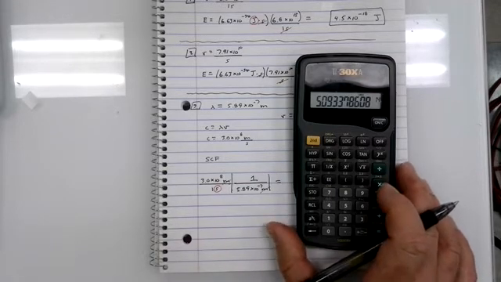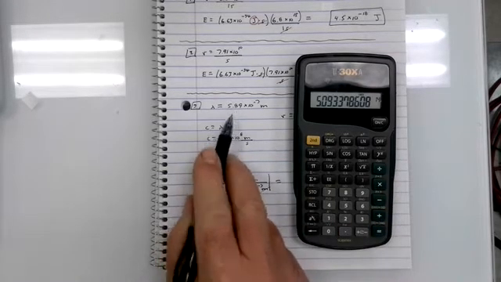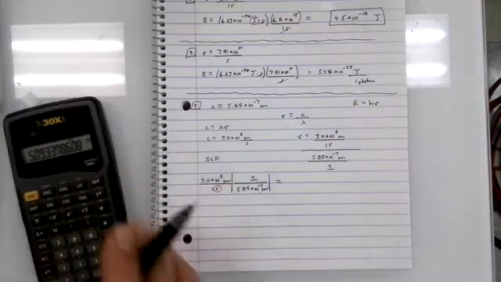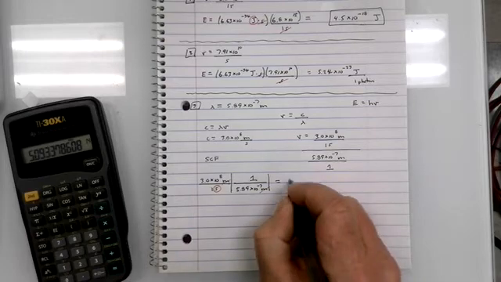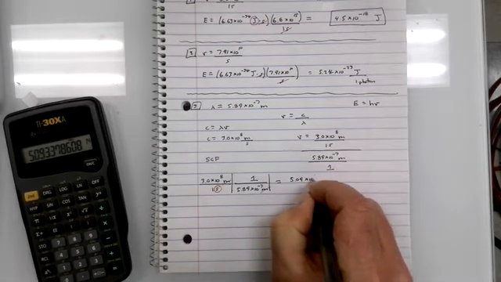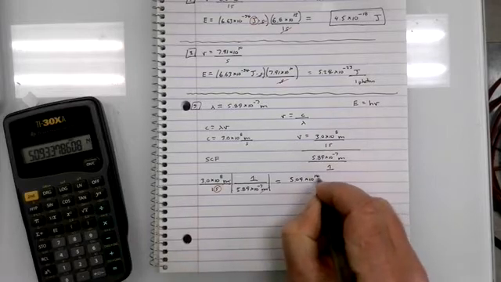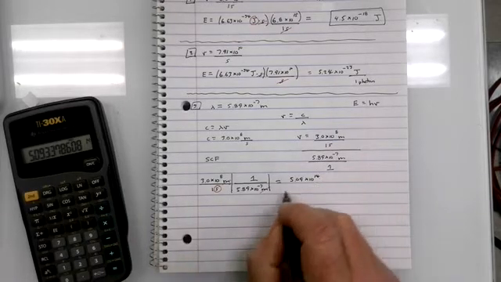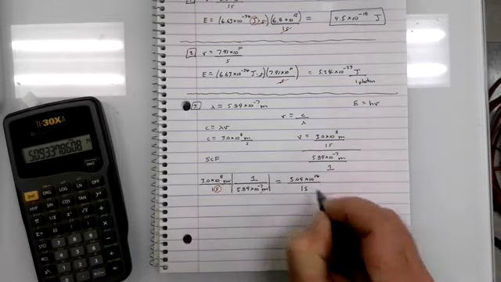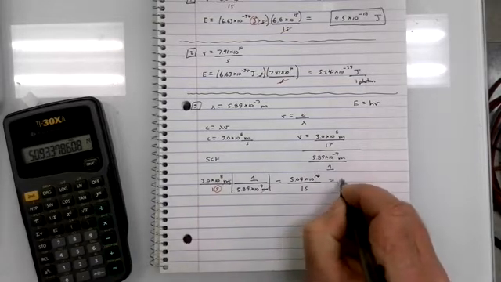I'm going to go 2 significant figures because there's 2 in my original, so 5.09 times 10 to the 14th. And that's in hertz, or repetitions per 1 second. So that's the frequency.